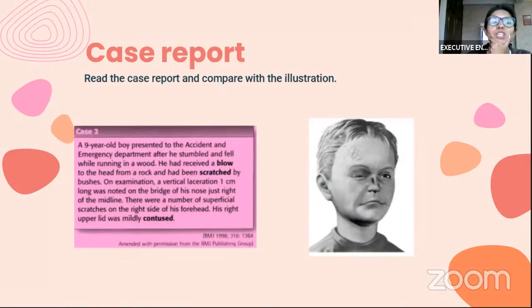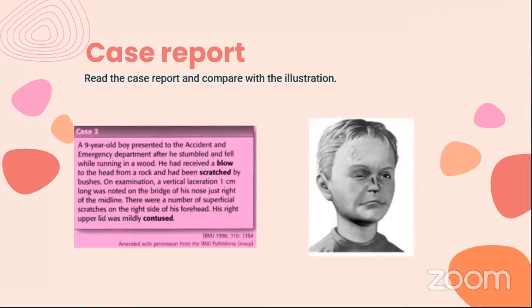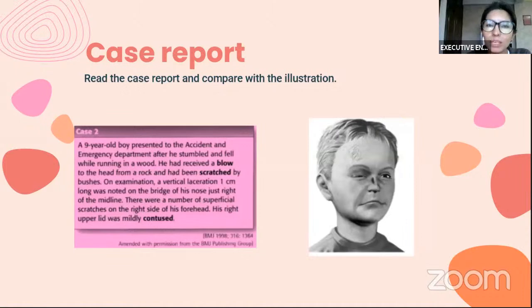Okay, so we have here a case report. I want you to read with me in silence the report and compare with the illustration. After we read this, you will tell me if you find something else that is not here. A 9-year-old boy presented to the accident and emergency department after he stumbled and fell while running in a wood.